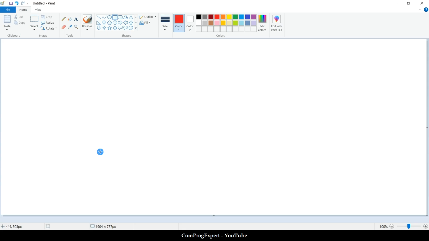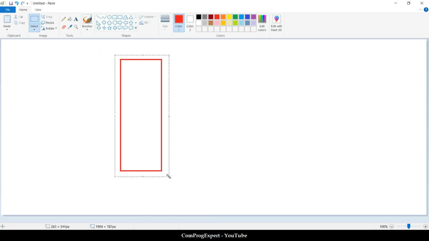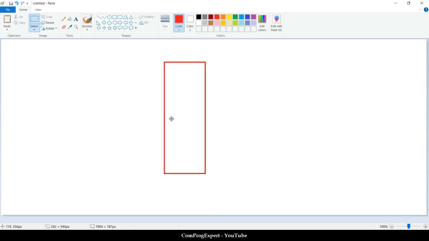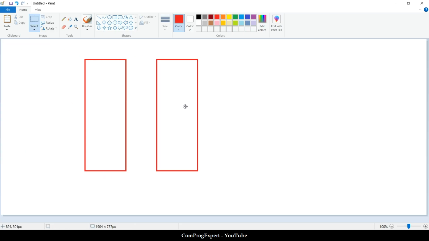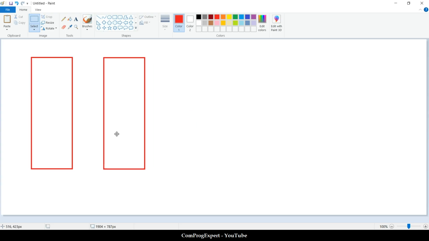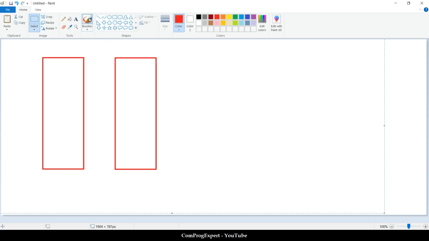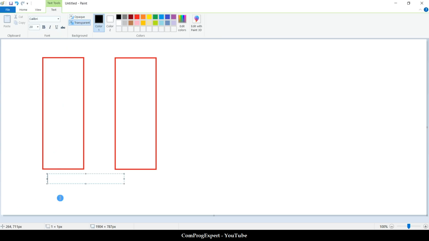Suppose we have this solid core, and I want to divide this solid core into two laminations. So here we have a solid core. This is solid, and this is a laminated core.